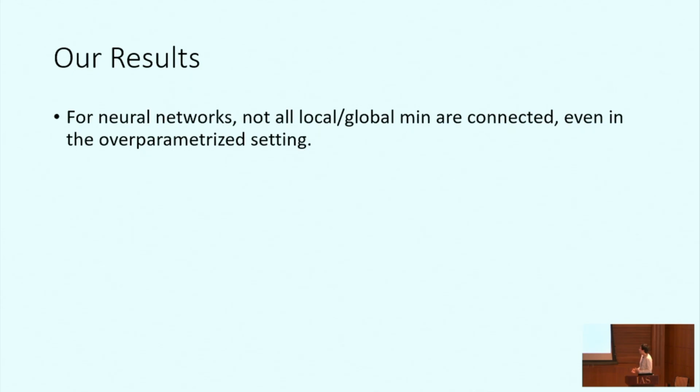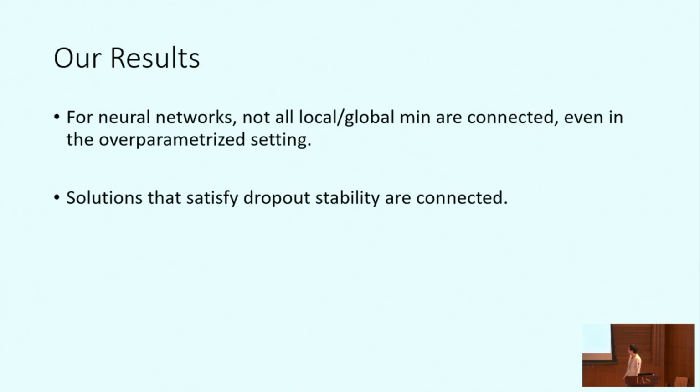Okay, and what we show is that you cannot hope to prove this result for all local minima or all global minima. We can construct counterexamples that show that for neural networks, not all local or global minima are connected, even in the mildly overparametrized setting, as long as your neural network is not highly overparametrized.